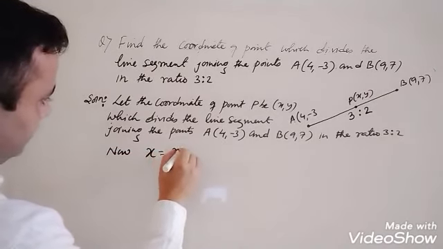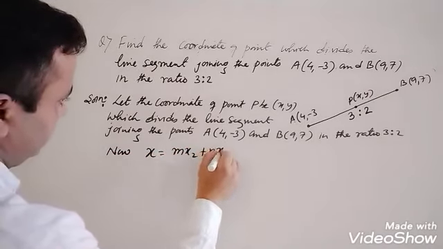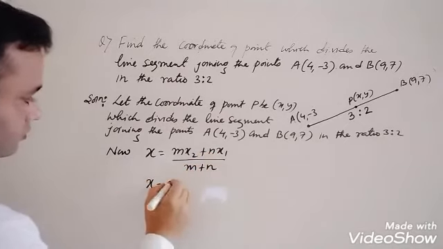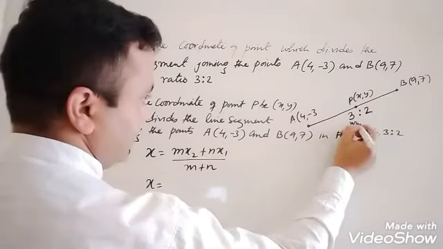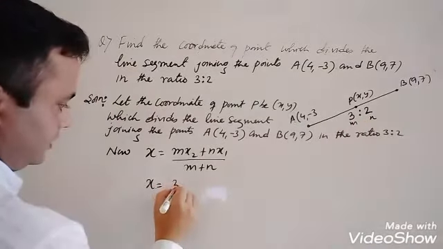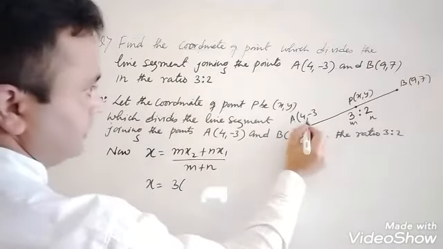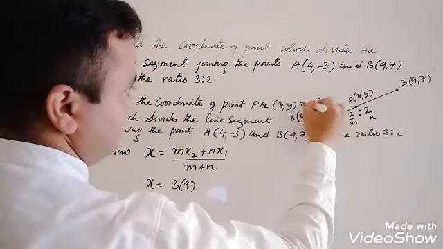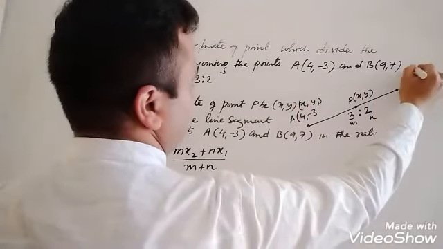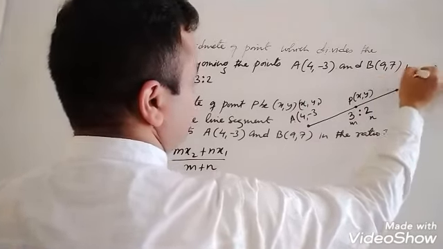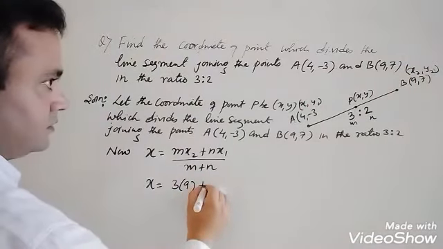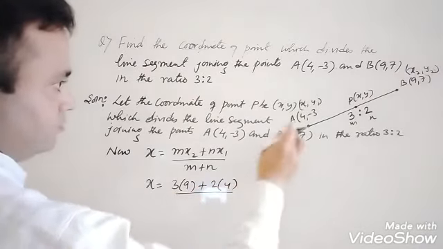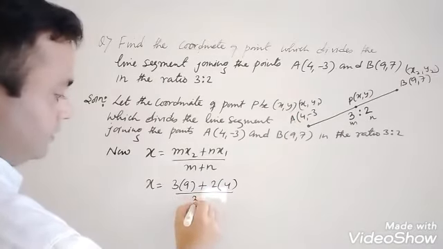Now x equals mx2 plus nx1 divided by m plus n. What is m? It is 3, and this is n. 3 into x2, x2 is 9, plus n is 2 into x1, which is 4, divided by m plus n, which is 3 plus 2.